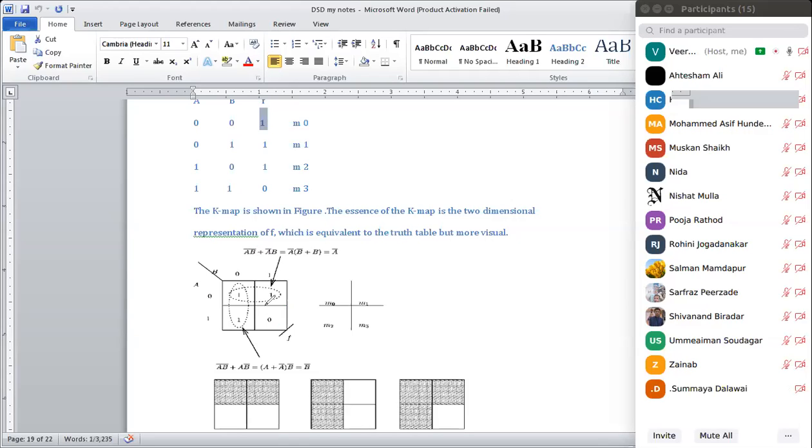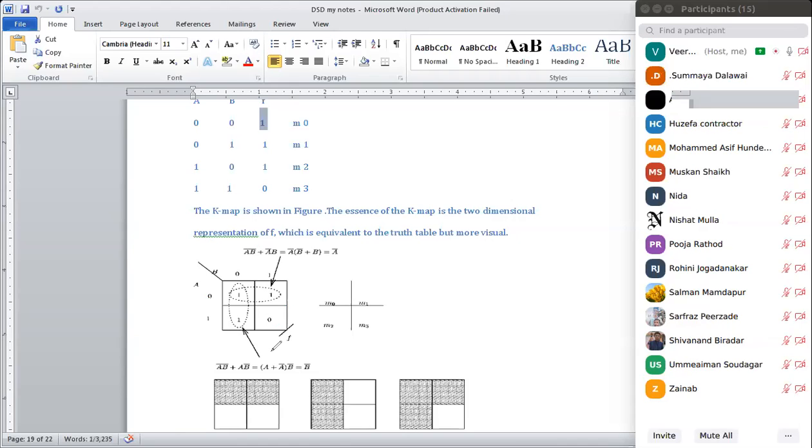How do we make groupings in this? In the previous steps we have seen that we should make the maximum number of groups, and the group size should be a power of 2, that is, 2 raised to n. Now how many input variables are there?